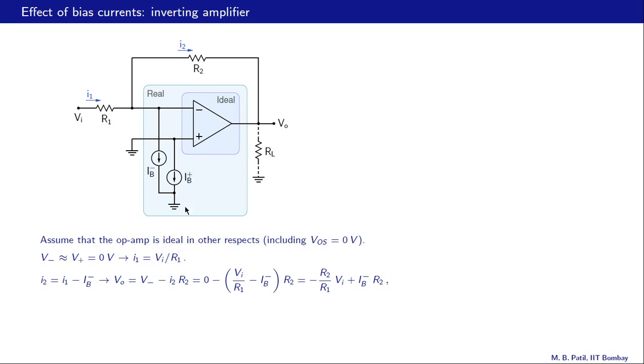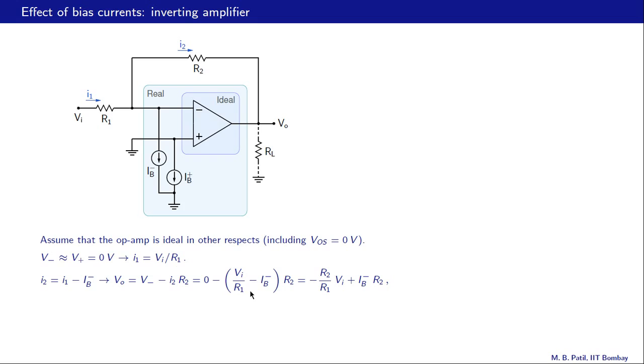And now we can write an equation for VO. VO is V minus, which is 0, minus I2 times R2. And we already know I2. It is I1 minus IB minus. I1 is Vi by R1.